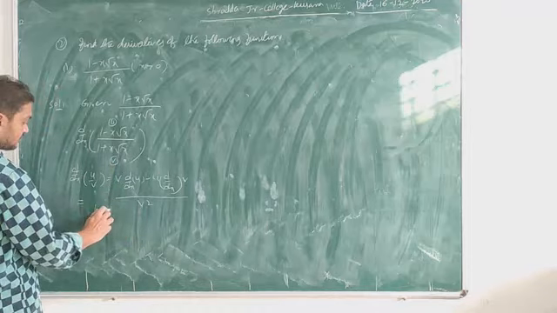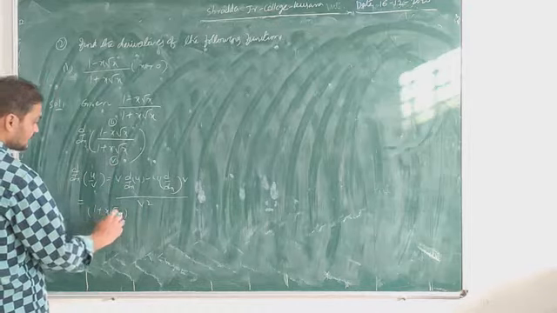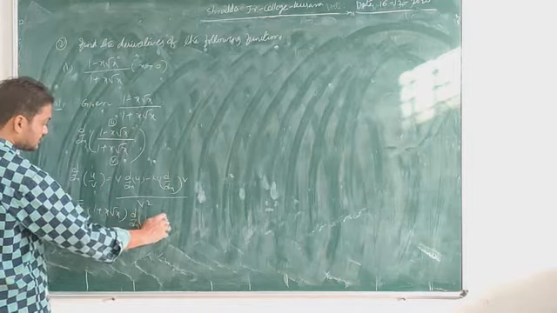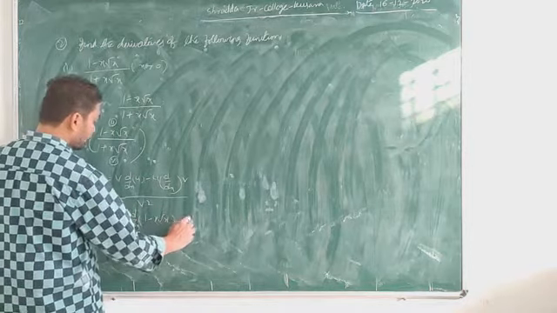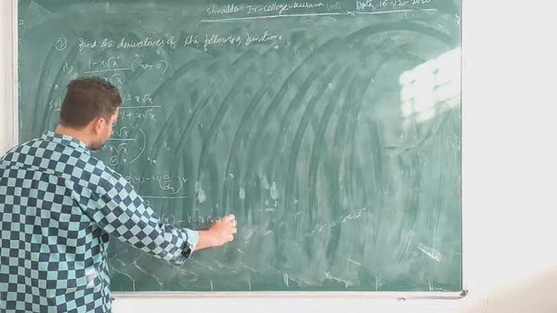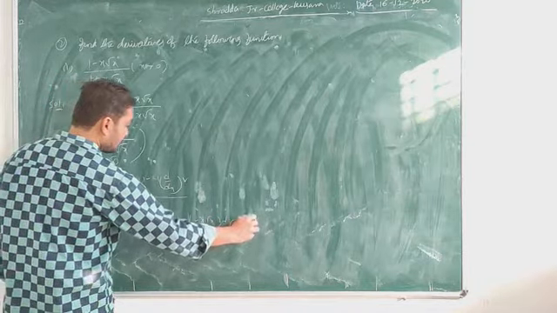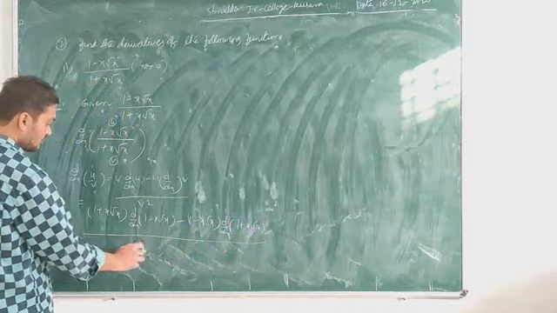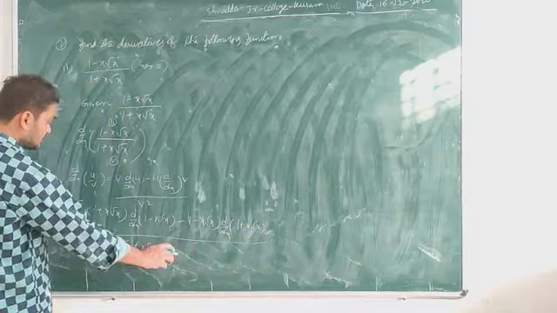What is v? (1 plus x root x) into d/dx of (1 minus x root x) minus (1 minus x root x) into d/dx of (1 plus x root x), by (1 plus x root x) whole square.